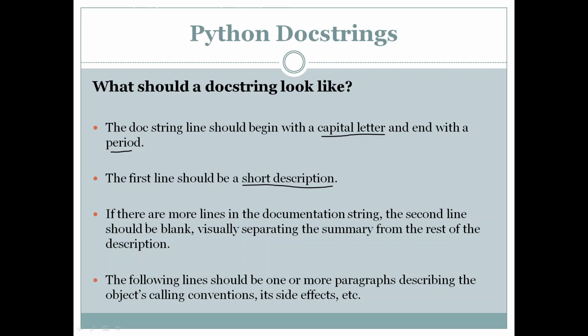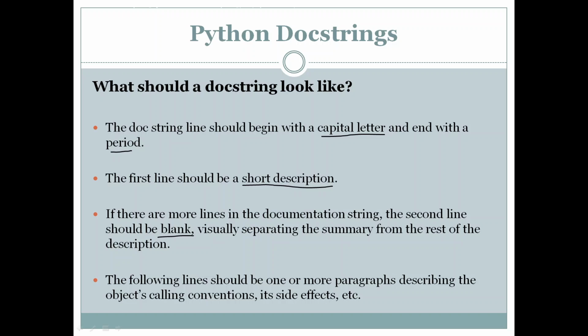If there are more lines in the documentation string, the second line should be blank. If your documentation string includes more than one line, the second line should be kept blank, visually separating the summary from the rest of the description.